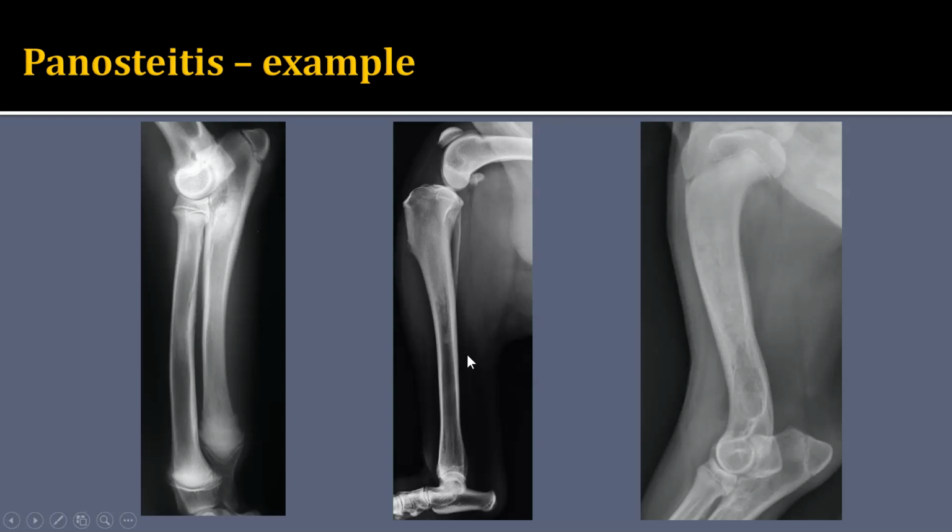Here's a lateral view of a tibia in a patient that also has mild to slightly progressed Panosteitis. So here's our normal lucent medullary canal, and as we get up near this nutrient foramen, we start to see these nodular areas of sclerosis, and then it's more diffusely sclerotic up in the proximal diaphysis involving that medullary canal.